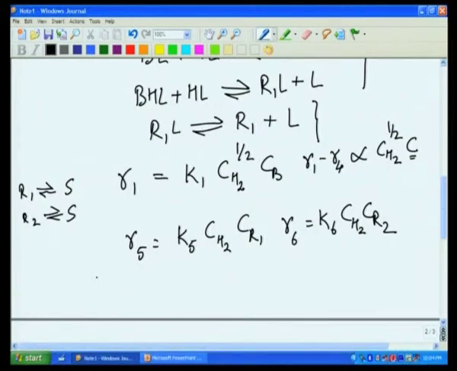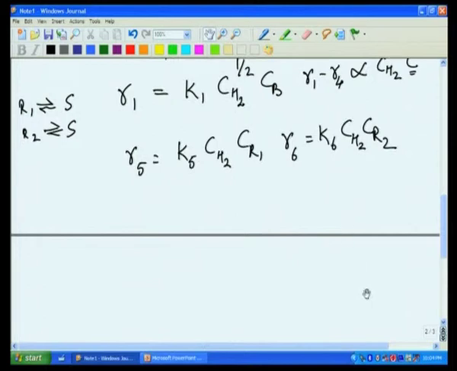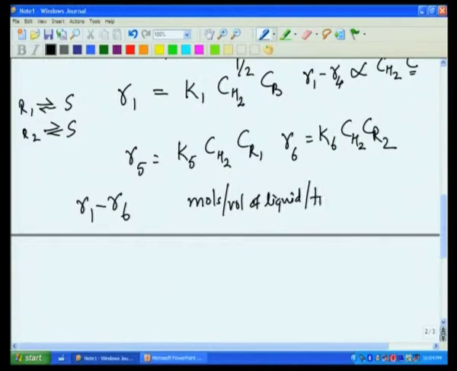Okay. So, we have basically the kinetics of the reaction. Thing to notice here is that R1, R2, R3, R4, R5, R6, for example R1 to R6, are my intrinsic kinetic rates expressed as moles per unit volume of liquid per time, and CR1, CB, CS, CR2 are all concentrations of my different species R1, R2, B and so on.